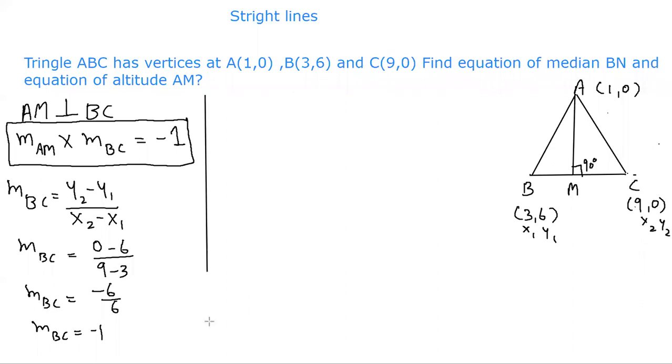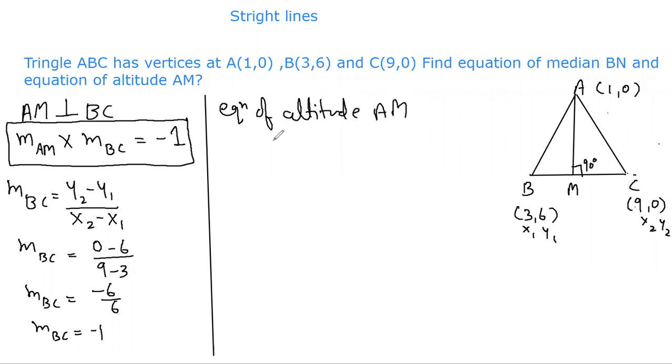Now we can write the equation of altitude of line AM as y minus b is equal to m times x minus a, where a we can take 1, b we can take 0, and m is the gradient, which is negative 1 for BC.